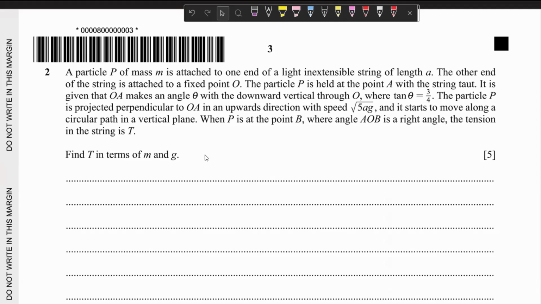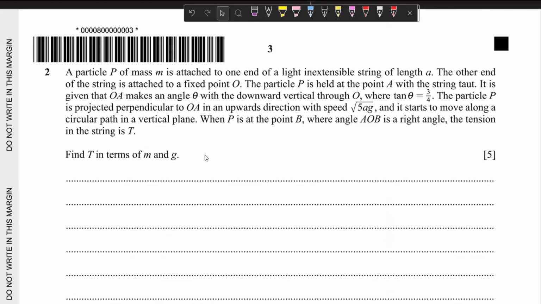The particle P is projected perpendicular to OA in an upwards direction with speed root of 5 ag, and it starts to move along a circular path in a vertical plane. When P is at the point B, where angle AOB is a right angle, the tension in the string is T. Find T in terms of M and G.